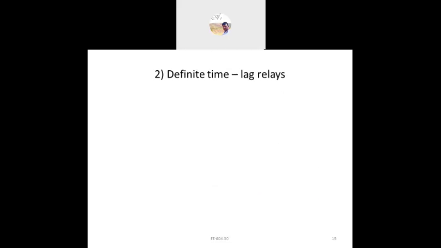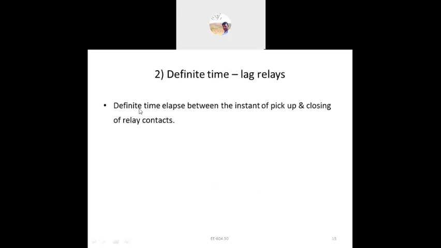Next, definite time lag relay. In a definite time lag relay, a definite time elapses between the instant of pickup and closing of the relay contacts. The time setting is independent of the amount of current through the coil.